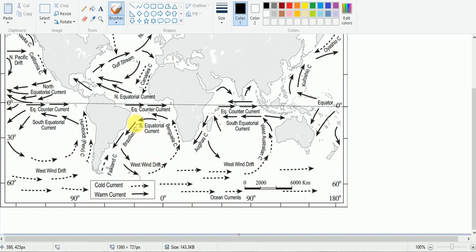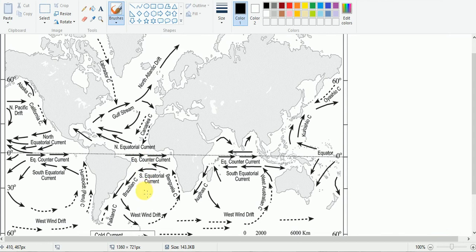This is the case of the South Atlantic Ocean, and this is the North Atlantic Ocean, and you know that trade winds are blowing here from the 30 degree. See here, this is 30 degree north, and trade winds are blowing from here. Because of these trade winds, north equatorial current is flowing here. And likewise in the southern hemisphere also the south equatorial current is flowing here.